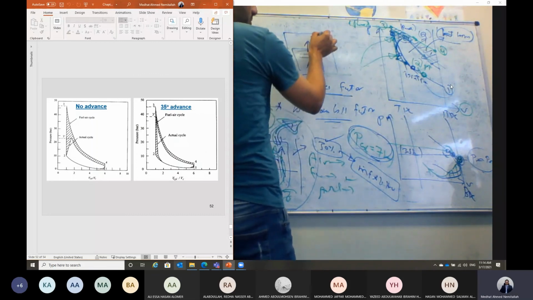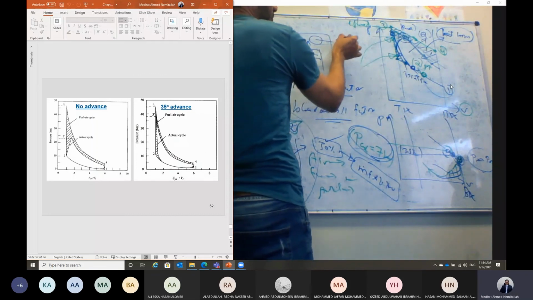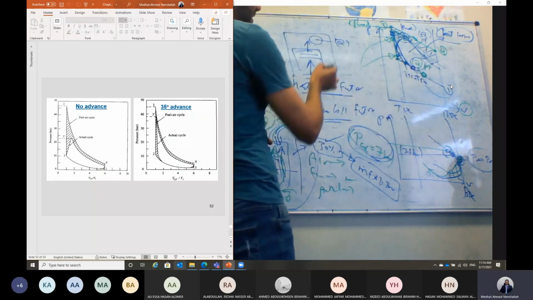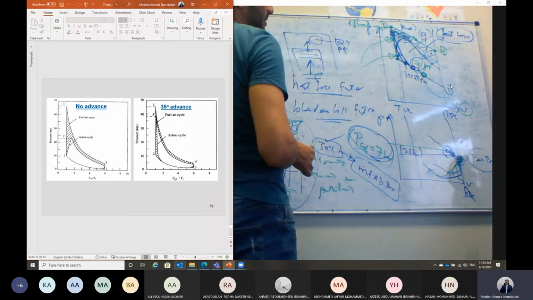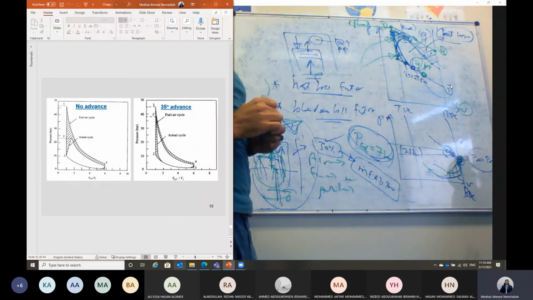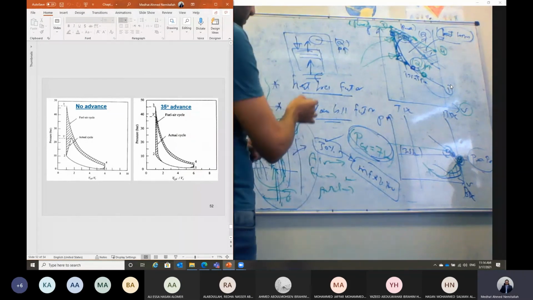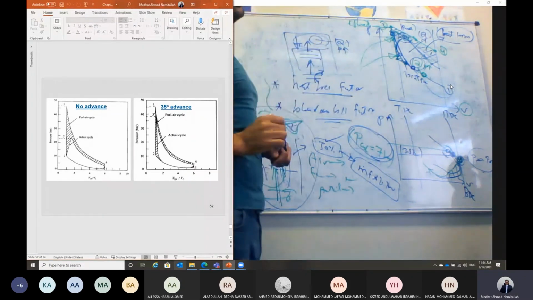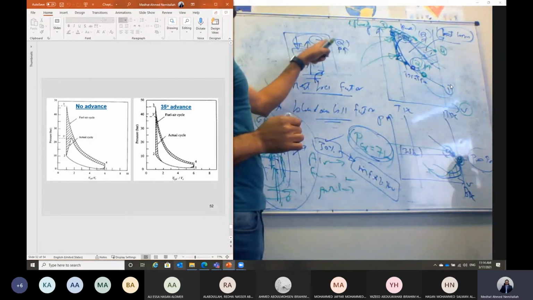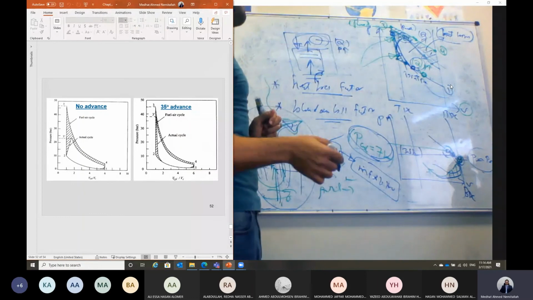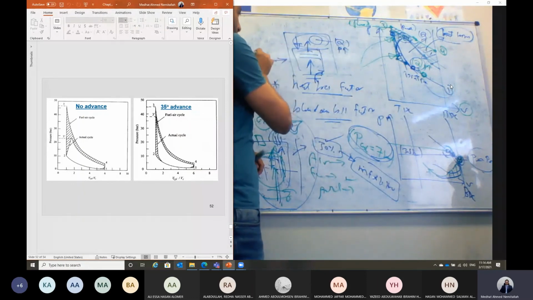But if I initiated the combustion too early, we have heat of combustion, the gases will be burned, and the pressure will be raised. It will be resisting the movement of the piston. So we will need more power from the crankshaft in order to compress the burned gases, because these burned gases result in higher pressure and will resist this movement. And this is a kind of direct loss of the engine.